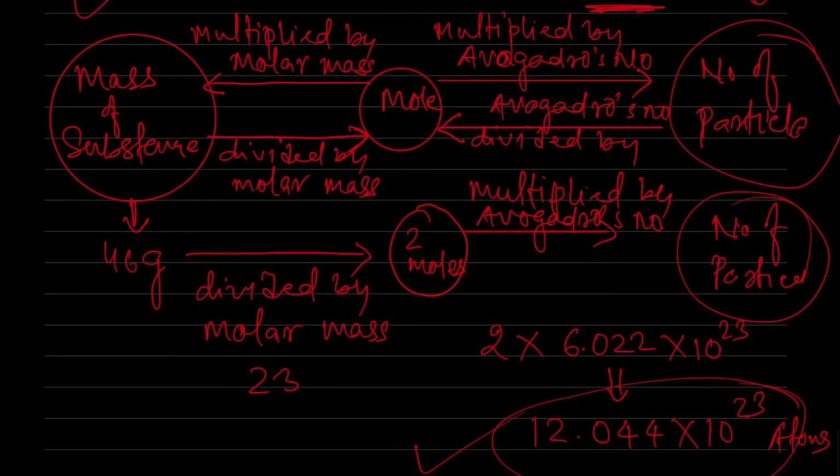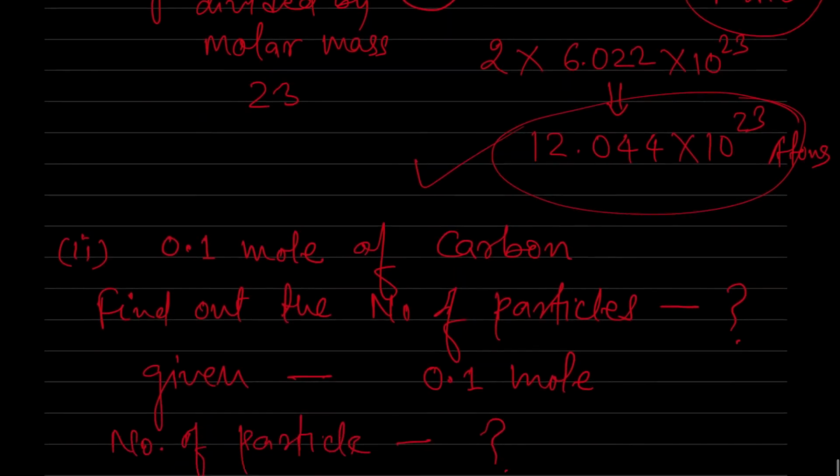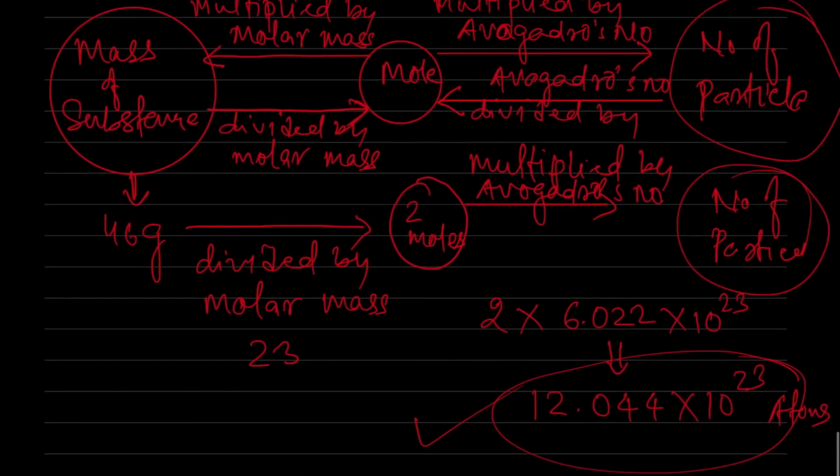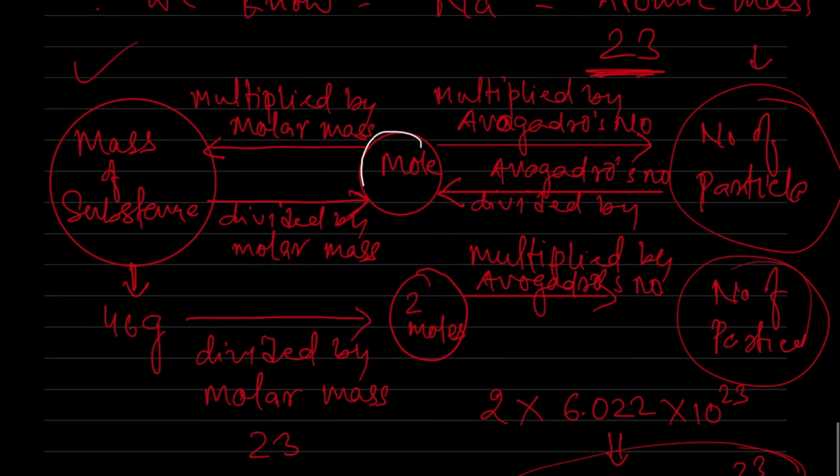See the relationship between mole to molar mass, mole to mass of the substance, and mole to number of particles. Mole is given here and the question is asking about the number of particles.